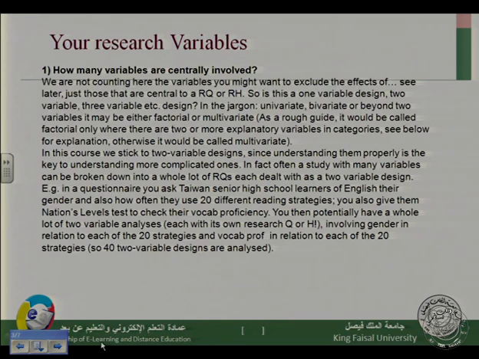So how many variables are centrally involved? As I said, you need to decide your central variables, your main variables. They are called central variables because they are your focus, the center of your research. No one can say, well, this is the only scope and the only center of my research.